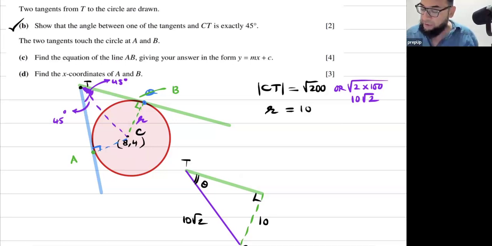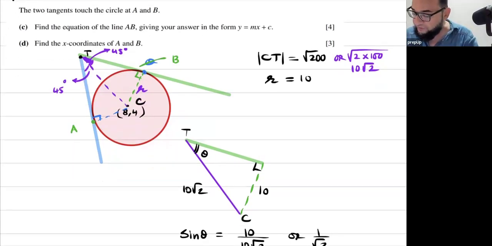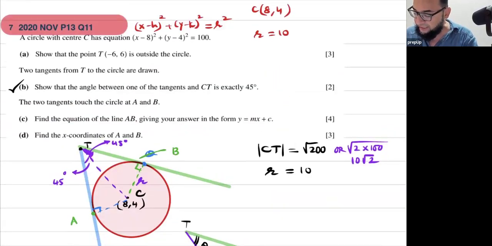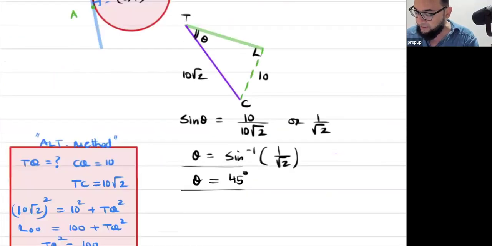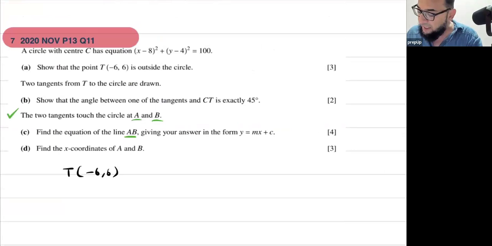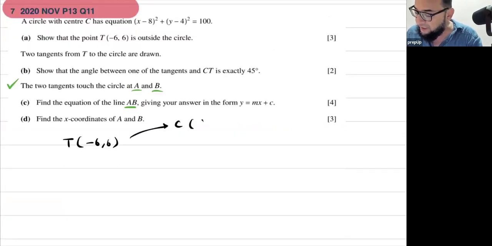We have the coordinates of T and the coordinates of C. Let me write everything down. T is (-6, 6). We have the center C, which is (8, 4). We have the radius of the circle, which is 10 units. We have the CT magnitude, that is 10 root 2 units.